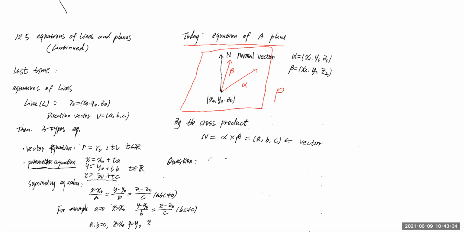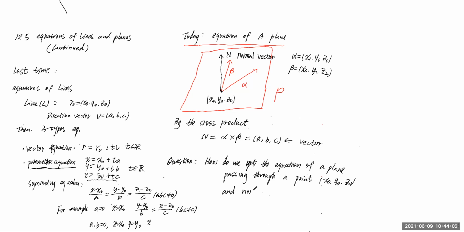So the question is, how do we get the equation of a plane passing through a point x naught, y naught, z naught, and normal vector a, b, c, right? The problem is, how do we write out the equation?